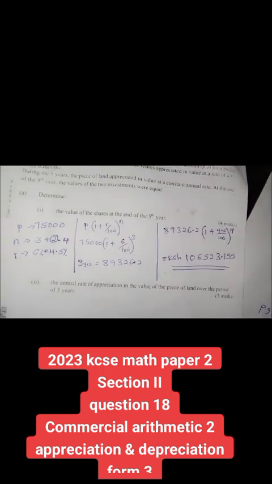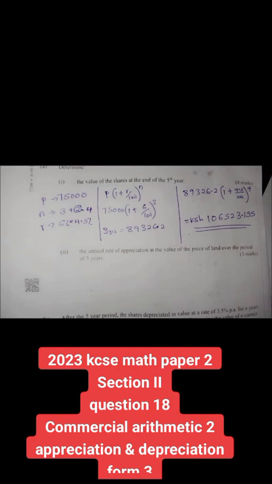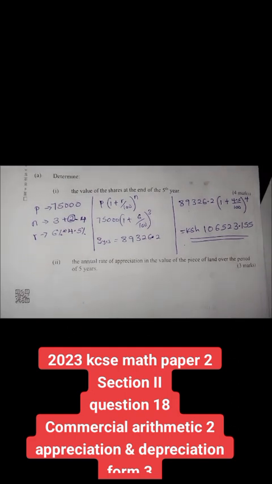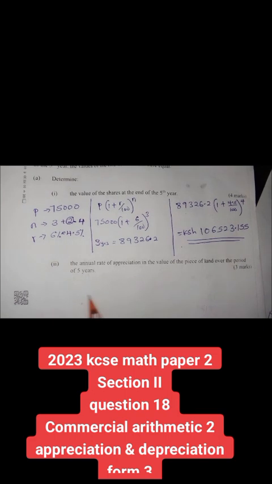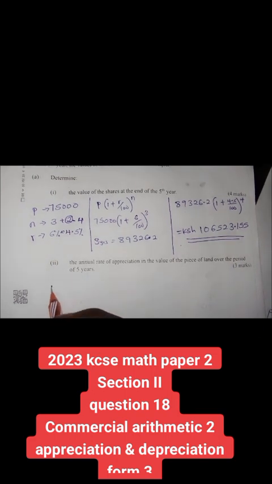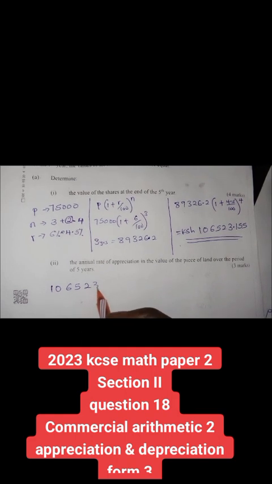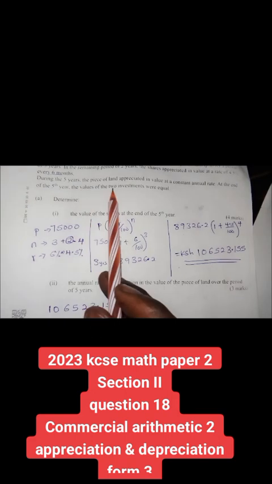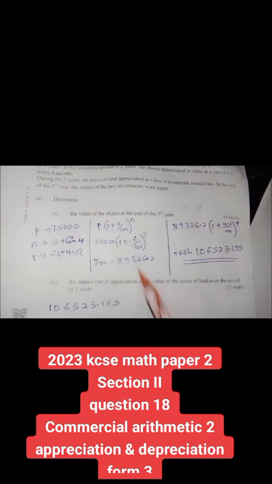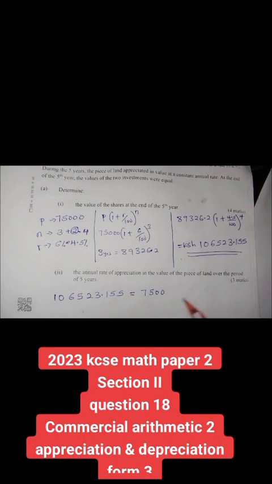Then they are asking for the annual rate of appreciation in the value of the piece of land. The values are the same because of the instruction that after 5 years the value of the two investments were equal. Therefore, the principal used was 75,000 times 1 plus the rate, after 5 years, equals 106,523.155.